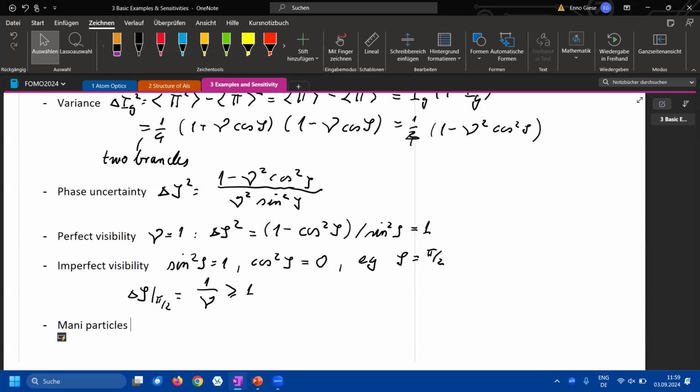If you now have many particles, and you can also do a quantum derivation of that, let's assume that those particles are uncorrelated and not entangled. That makes a difference. You can effectively show that your overall sensitivity decreases by a factor of the number of particles.